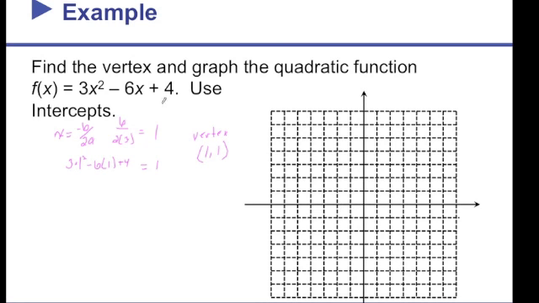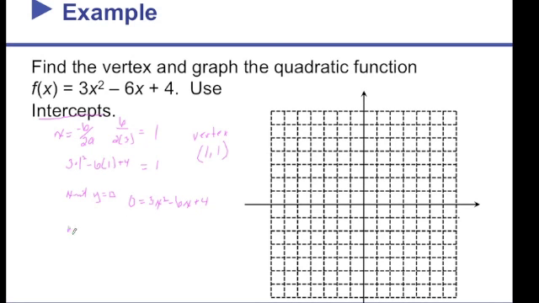It says to use intercepts. Well, finding the x-intercept, where y equals 0, we'll have 0 equals 3x squared minus 6x plus 4. I'm thinking that that doesn't solve.